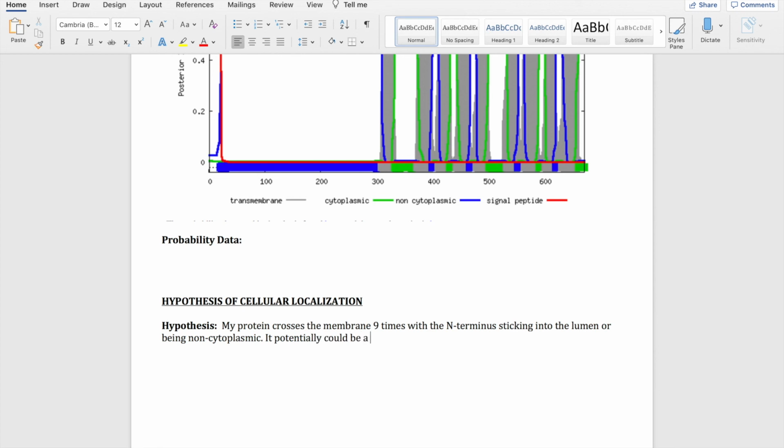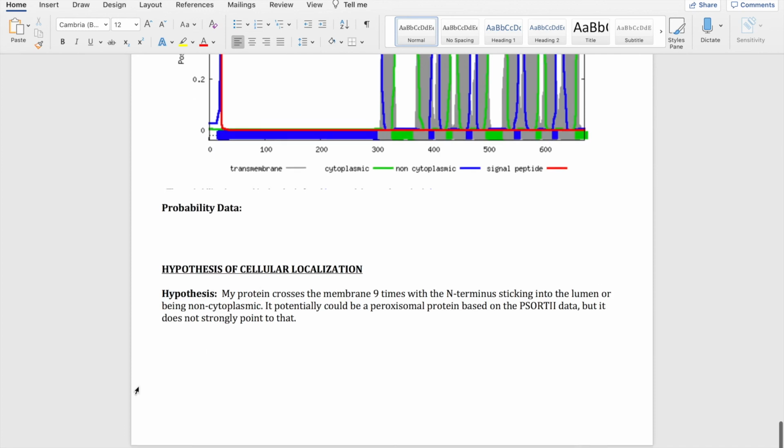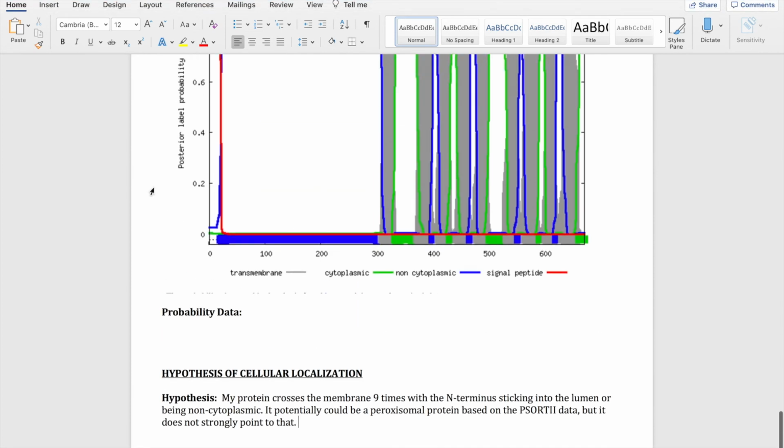It potentially could be a peroxisomal protein, but as of right now, we're not sure, and this is based solely on the PSORT II data. And it does not strongly point to it being a peroxisomal protein.